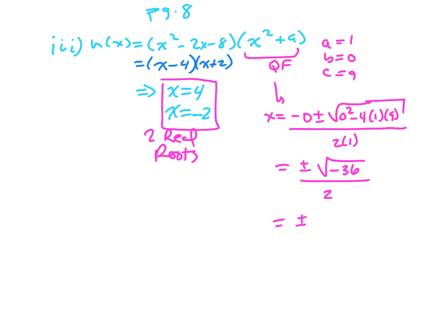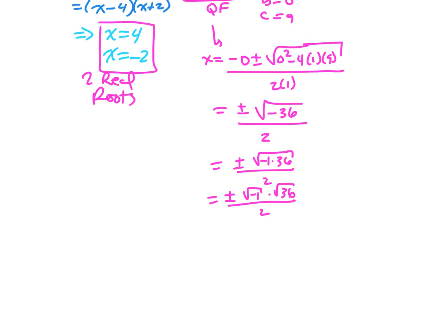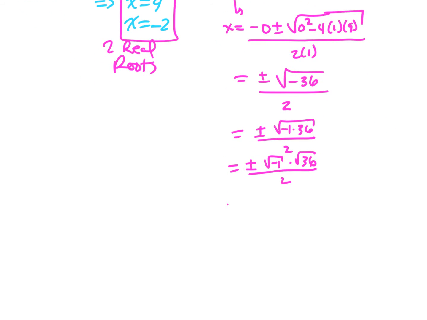Remember we talked about breaking this up over 2. So negative 1 under the square root, and that would be 6. I'll write that, and then I'll show you on the next step. 36 over 2, everything. Let me zoom out and enhance. So, plus or minus 6i divided by 2.